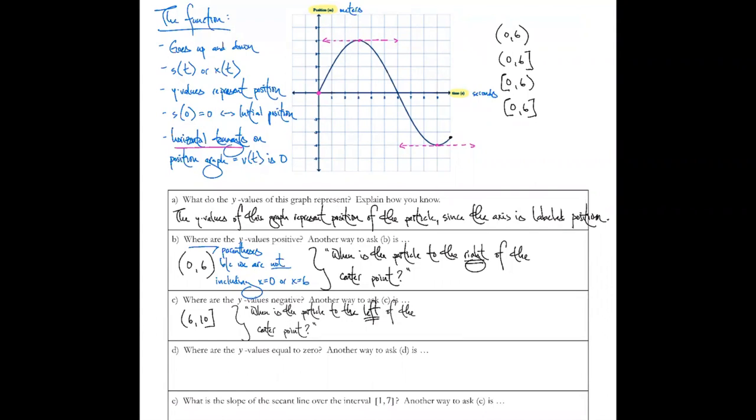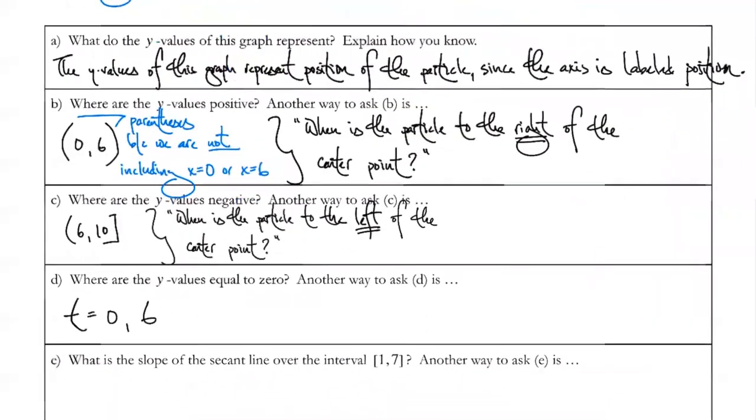So according to our graph, the y values are equal to 0 when time is 0 and time is 6. Okay. Now, knowing what we said about left and right, what might be another way of saying, where are the y values equal to 0?